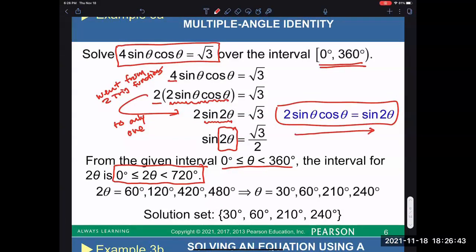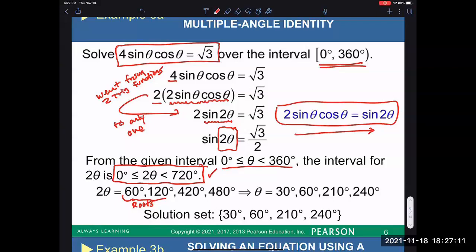And we kind of know where that happens: at pi over 3 or 60 degrees, 2 pi over 3 or 120 degrees, etc. These would be the root solutions. But since our restrictions on 2 theta now run all the way up to 720, the root solutions aren't enough.